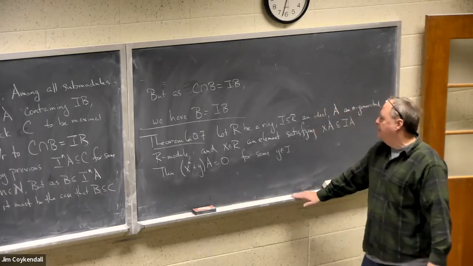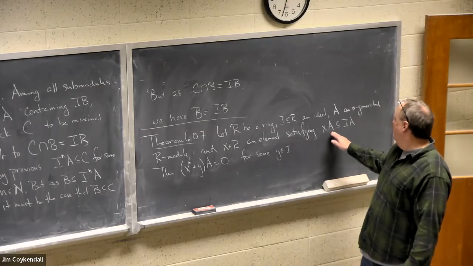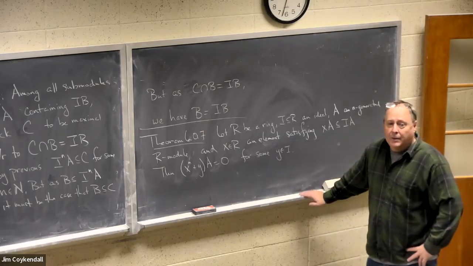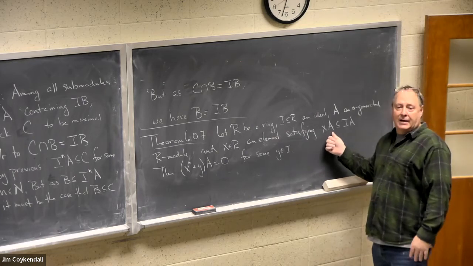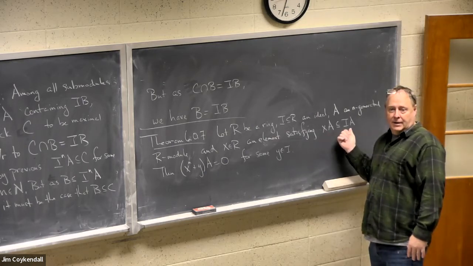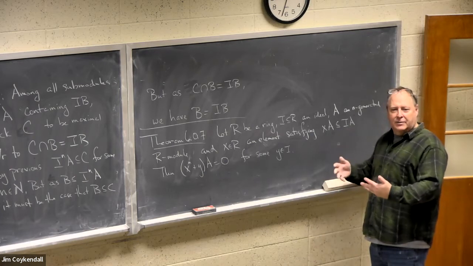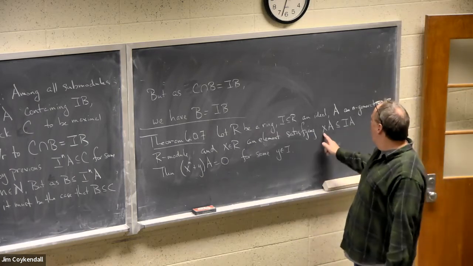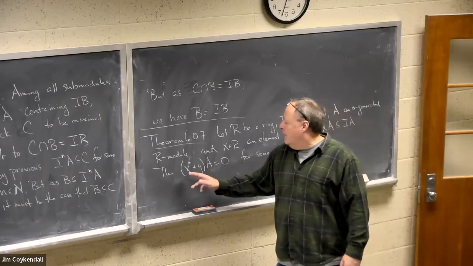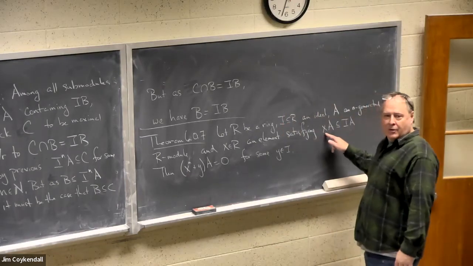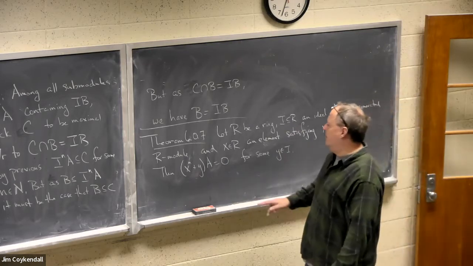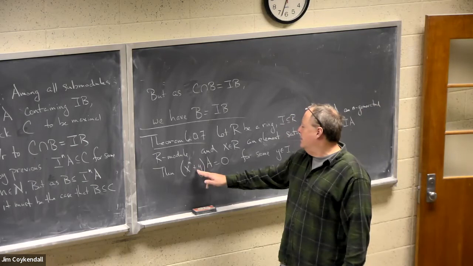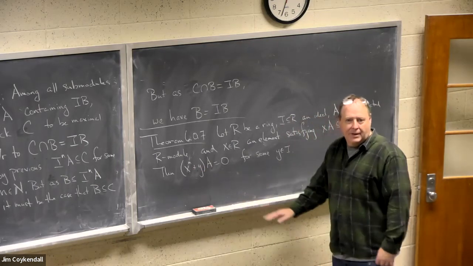Now X is an element satisfying XA is contained in IA, right? Now nobody said that X had to be an I, I'm sorry, nobody said that X had to be in I, right? Notice that this is trivially satisfied if X is in I. So X is sort of mimicking the effect of some element in I, so to speak. What it says is that a sufficient power of X, namely however many generators there are, plus some element of the ideal times A should be 0.